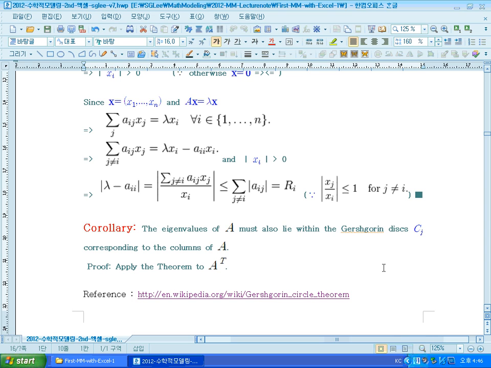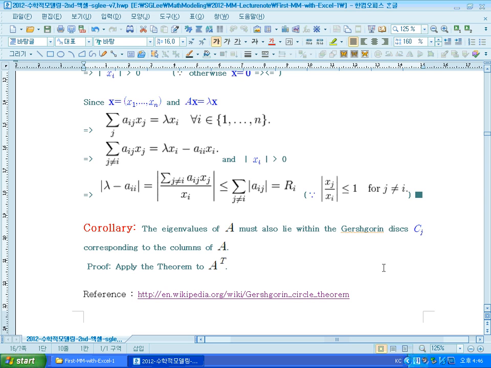Okay. This was shown in the early 1930s, but the related theorem was proved more than 30 years before, in the 19th century.